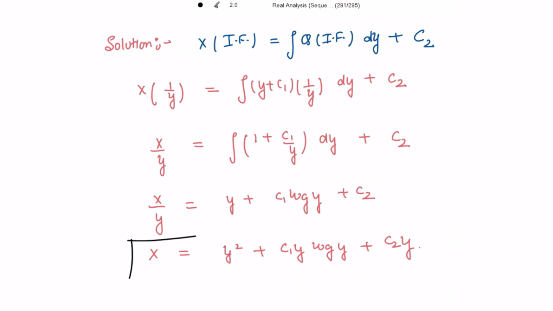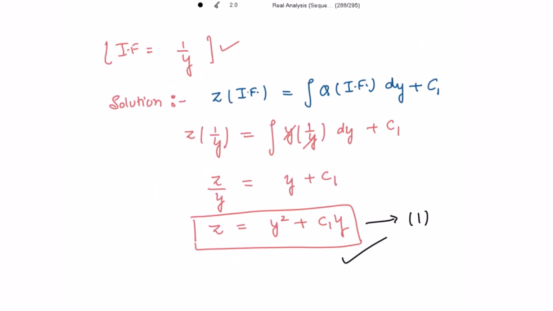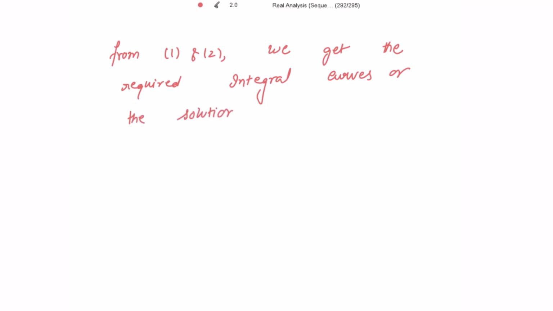So this is your another integral curve or the solution for the given differential equation, marking this as 2. So from 1 and 2, this is your second solution, and this is your first solution. So from 1 and 2, we get the required integral curves or the solution of the given differential equations.